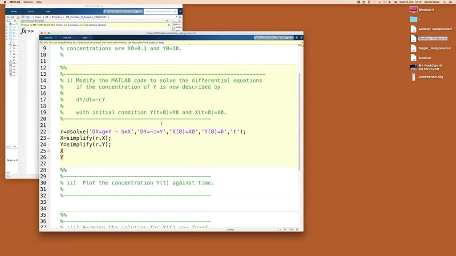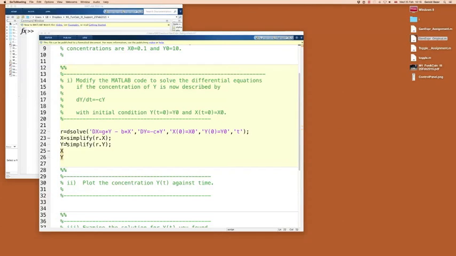Okay, with initial conditions, with x at x0, that's fine, and y at y0. Okay, so we haven't got that before. Previously we had y at time 0 equal to 0. Now we want that to equal y0. And it doesn't matter that we haven't defined that yet, because we're about to, because we're looking at this symbolically.